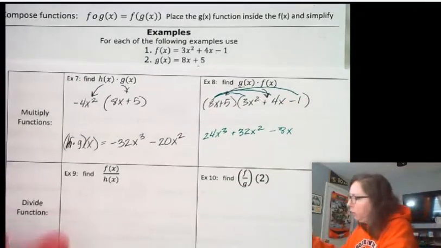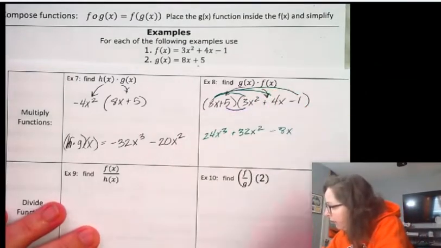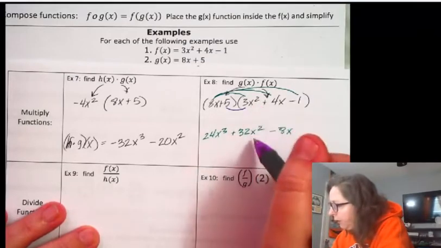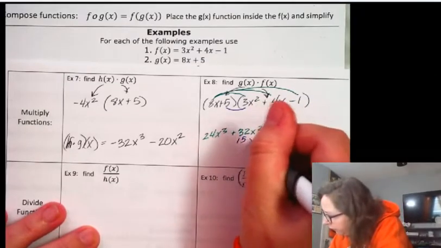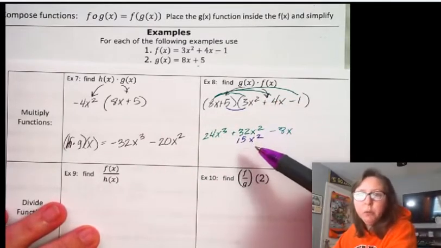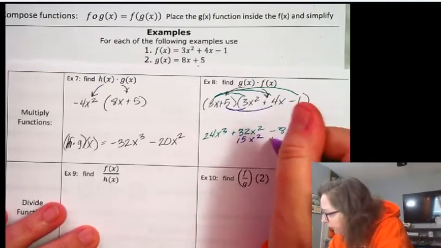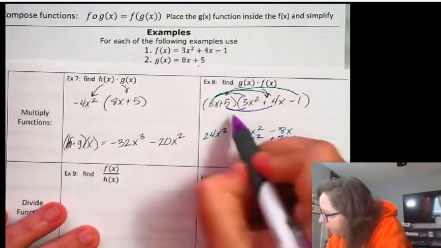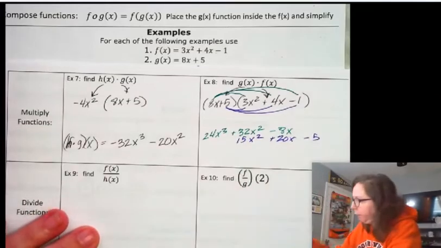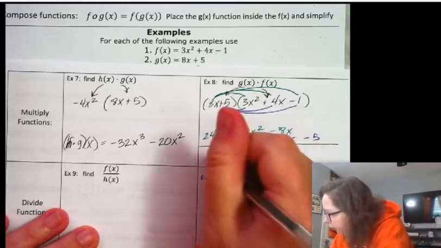Okay, now I am going to distribute the 5. So 5 and 3x squared, and I'm going to line it up, so it's going to be an x squared. It'll be 15x squared. So I'm going to line it up with the like terms that I can combine it with next, okay? 5 times 4x is 20x, and 5 times negative 1 is just negative 5. So here's what I'm going to get for my function.